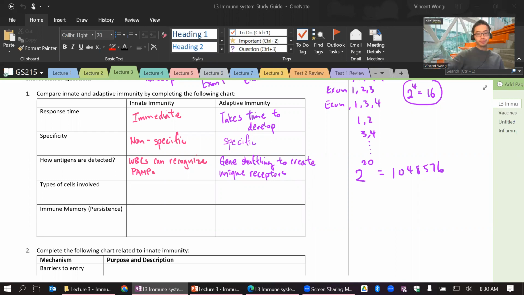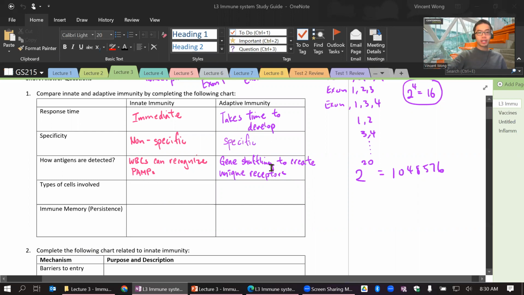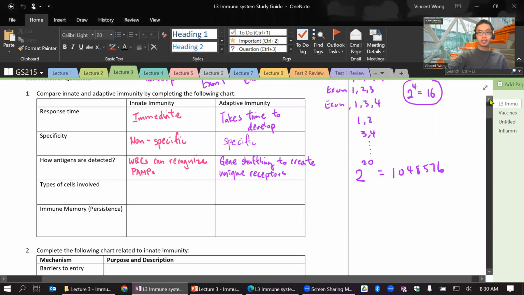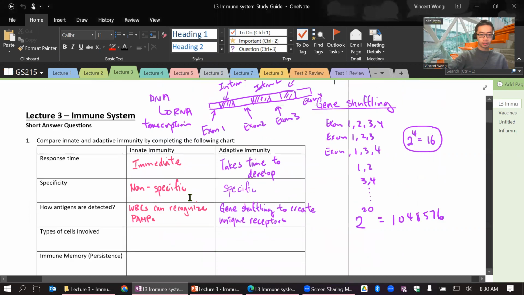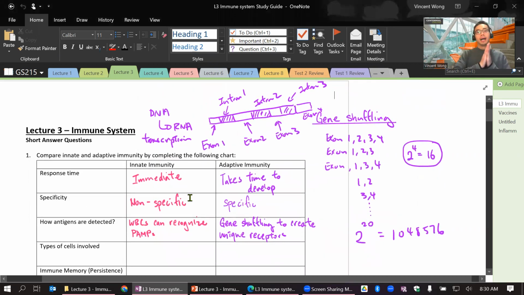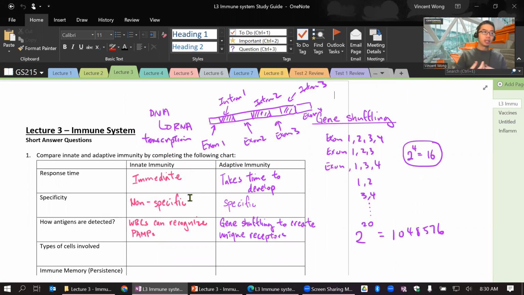We were filling this chart that compares innate and adaptive immunity, and just a quick recap of what the differences are. Innate immunity refers to the immunity that you are born with the moment you come into this world, right? Those things are encoded within your genome, so they are ready to function as soon as you're born.